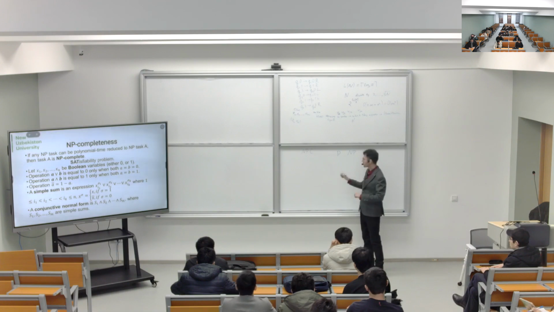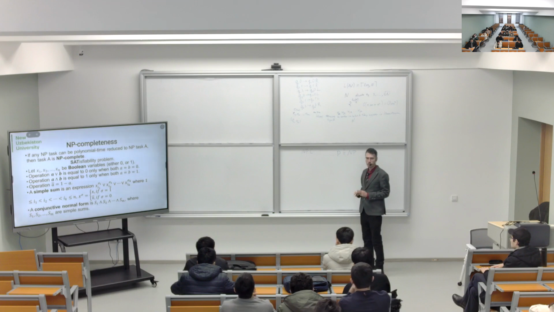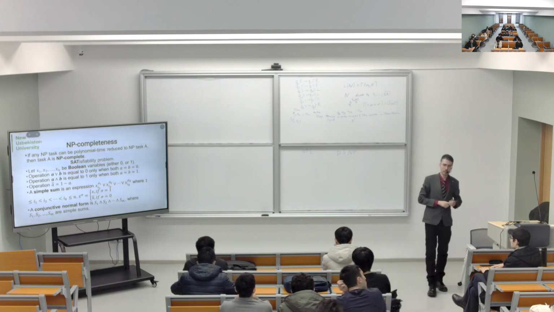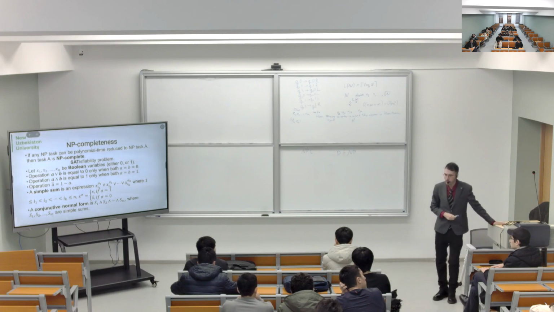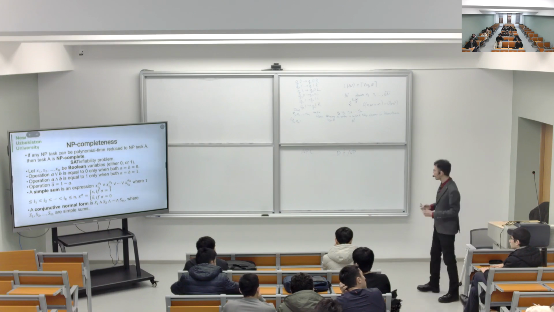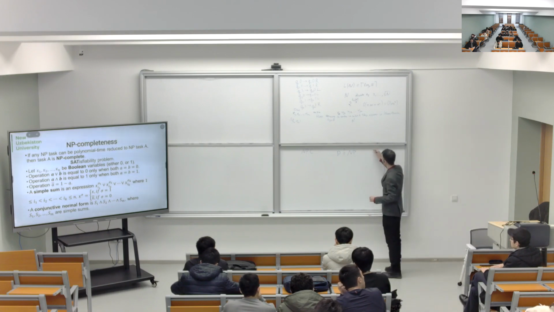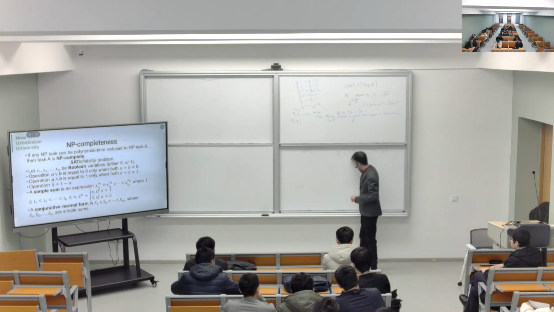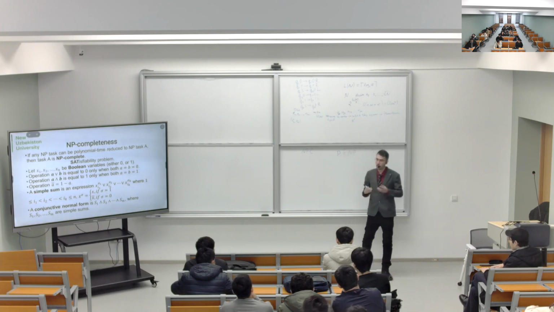The question is, do they represent the same set of problems or not? Because we know that P is a part of NP. All polynomial tasks are non-deterministic polynomial. But is it true that all non-deterministic polynomial are polynomial time? We don't know it yet.